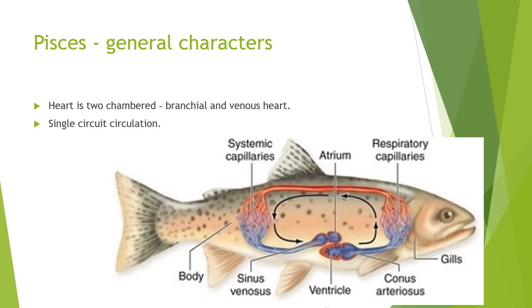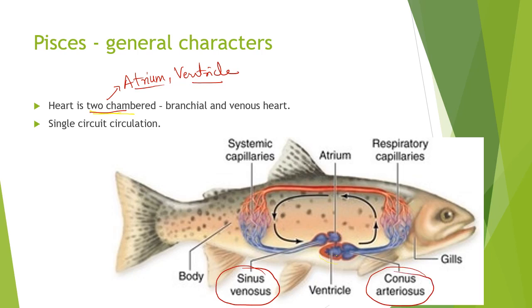Heart is two chambered, one is atrium and ventricle. In addition to that, it also has additional chambers like sinus venosus and conus arteriosus. These two are called additional chambers.